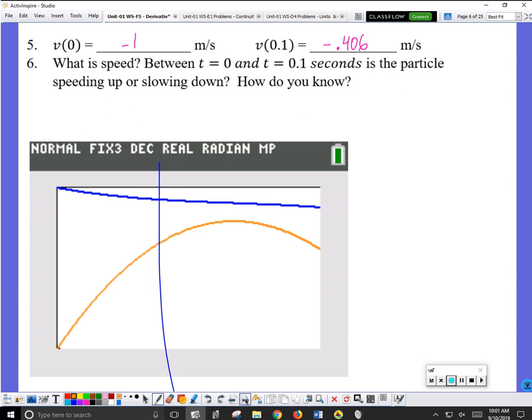Right, because you're going speed of 160, speed of 140, speed of 120, speed of 100. So he's noticing that as I follow the graph, the y-coordinates get closer and closer to the horizontal axis. He said, oh look, the velocity is getting closer and closer to zero. And it's true. As the velocity gets closer and closer to zero, the particle slows.